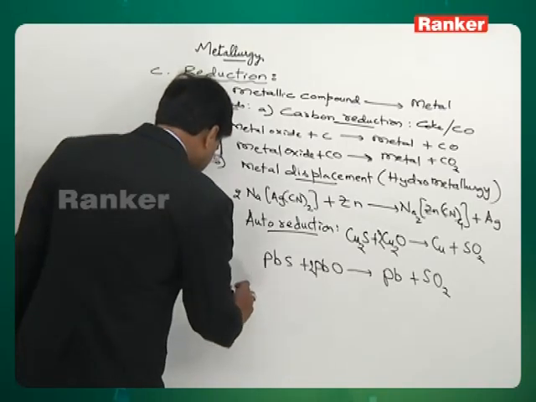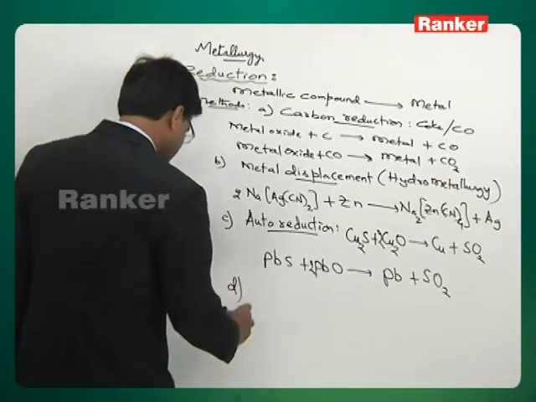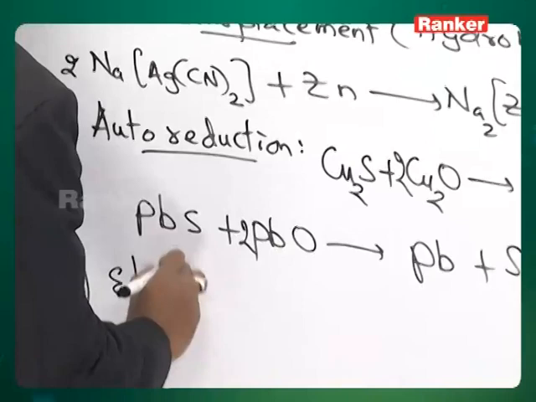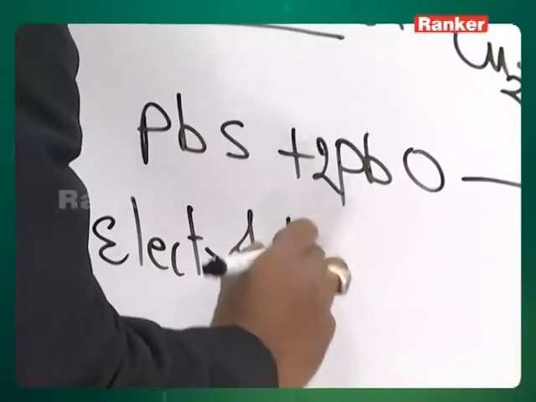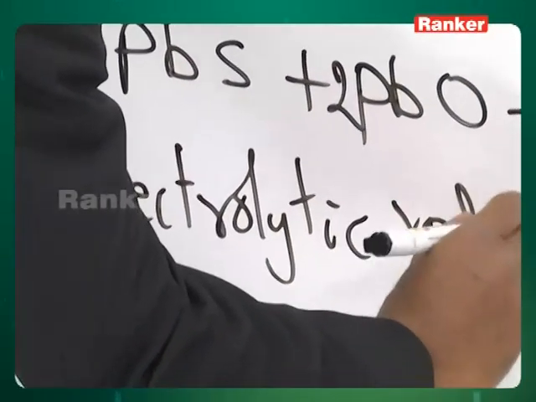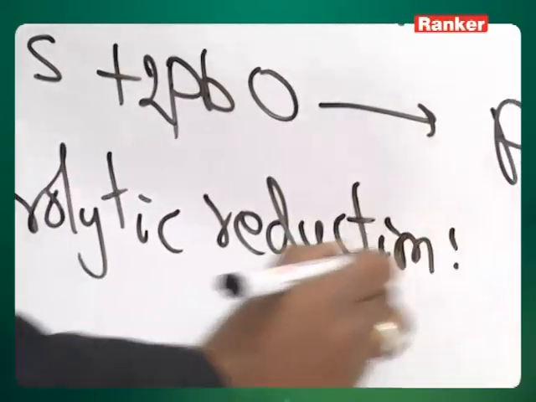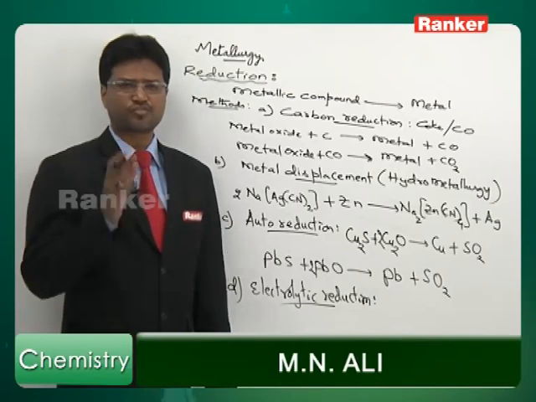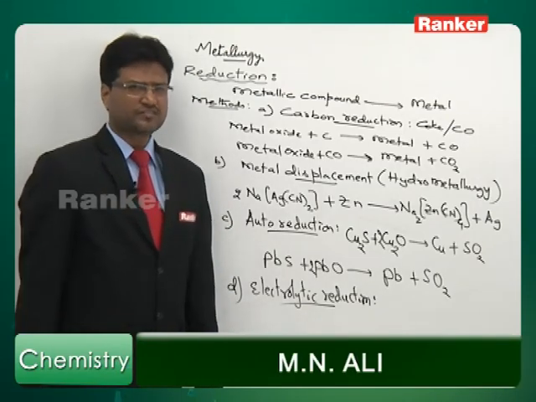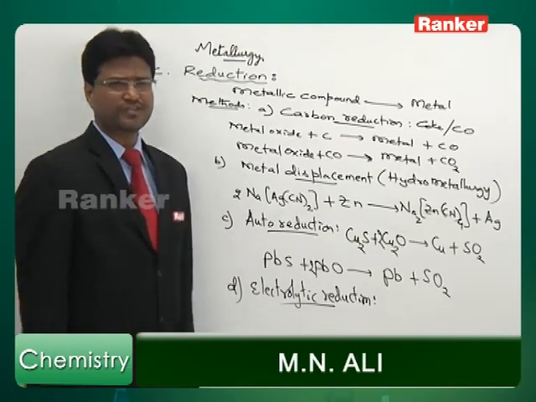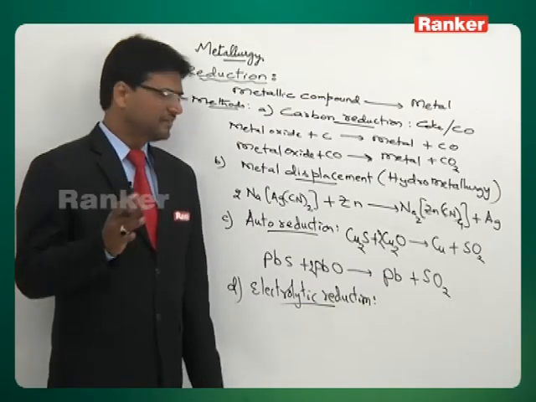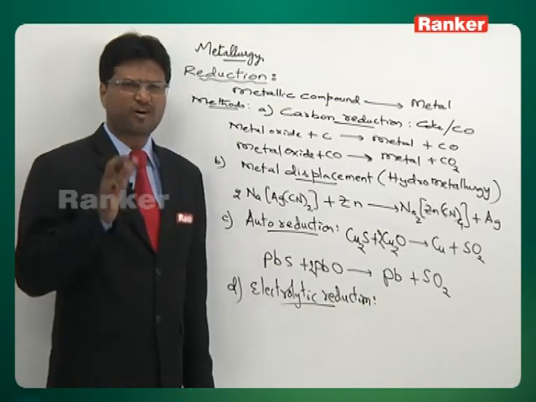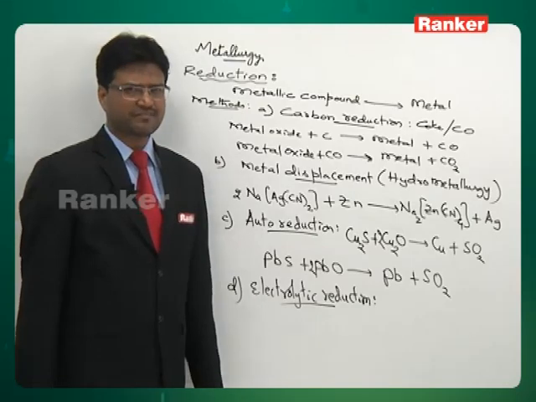Another way you can bring about reduction is electrolytic reduction. This technique is applicable for those metals which are themselves powerful reducing agents, that is, for extraction of active metals.